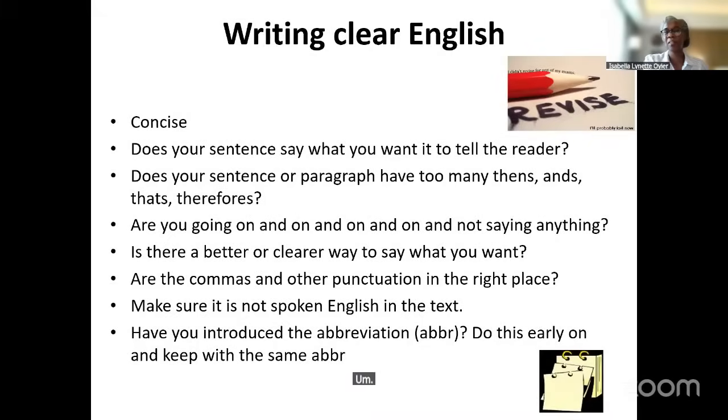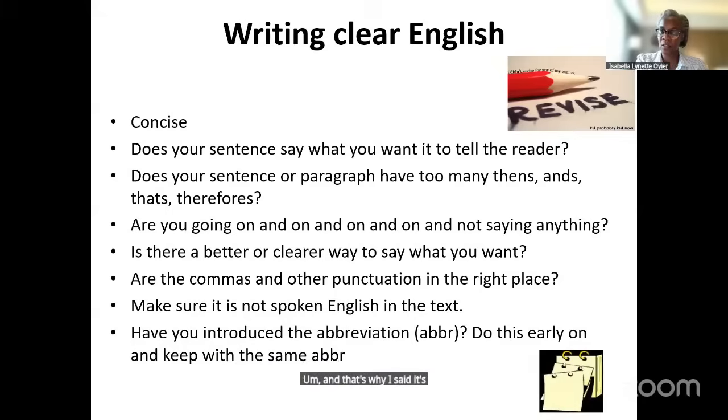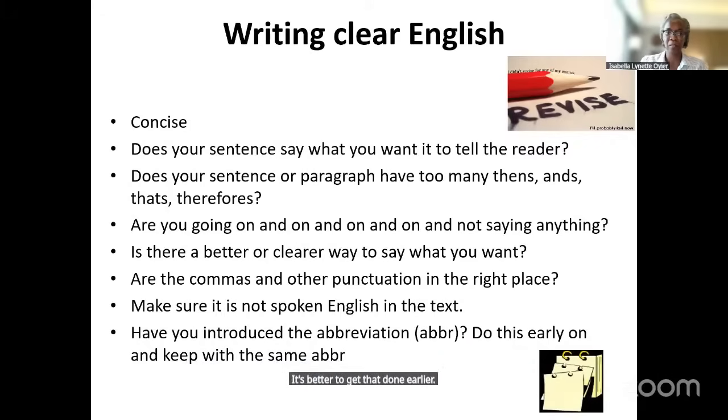I'm not one to talk about writing clear English, but it saves you time if you get it right. And that's why I said it's an art. It requires a lot of practice, and it requires people being willing to have somebody read through their work and be really critical of it. It's better to get that done earlier, before you submit the application.